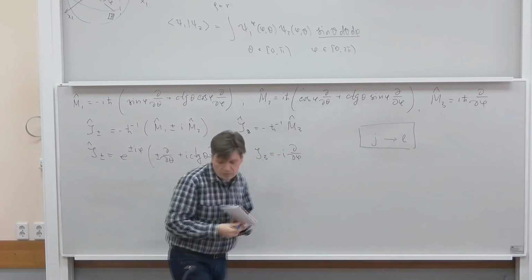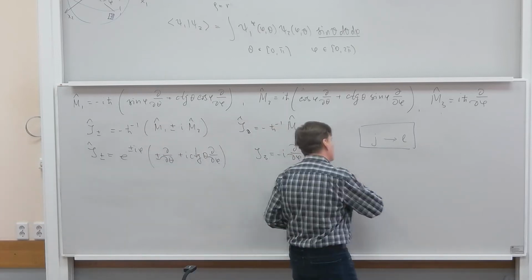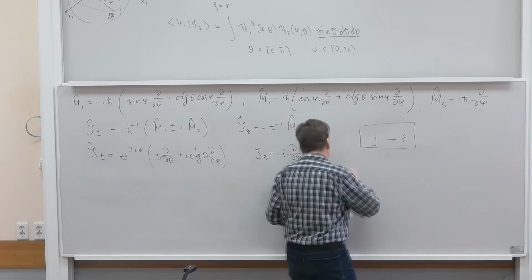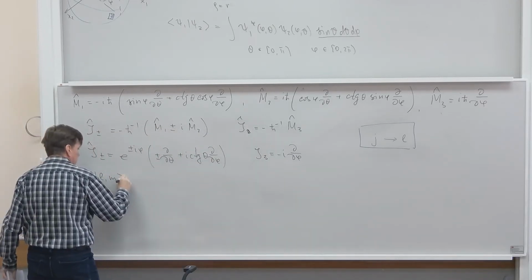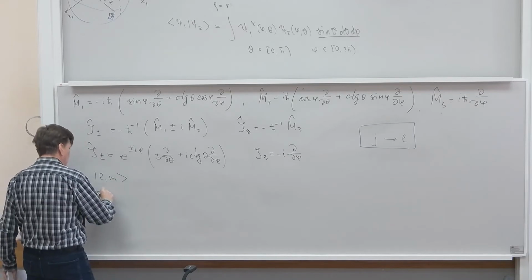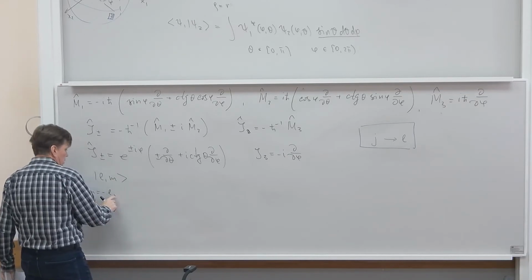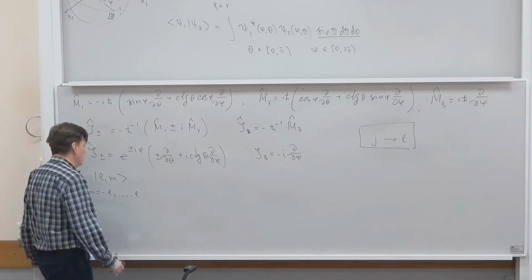So now my basis vectors are labeled by two numbers, L and M. So M runs from minus L in steps of 1 up to L.